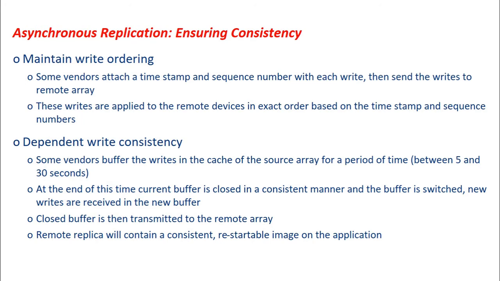Some implementations of asynchronous remote replication maintain something called write ordering. A timestamp and a sequence number are attached to each write when it is received by the source. Writes are then transmitted to the remote array, where they are committed to the remote replica in the exact order in which they were buffered at the source.